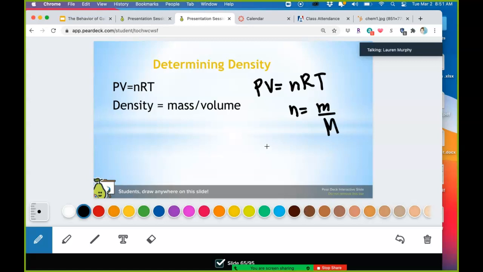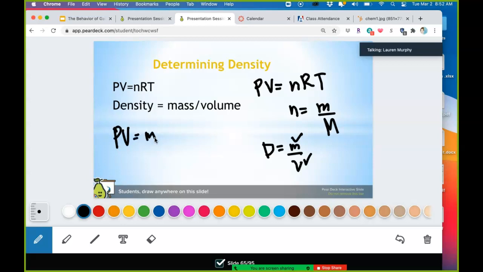We also know that density is mass over volume. That's the equation for density. So really, you can write this expression with density in it. Here's how it works. In order to have density, you have to have mass divided by volume. So I'm going to replace the moles so that I have mass in my ideal gas law. So it goes like this.